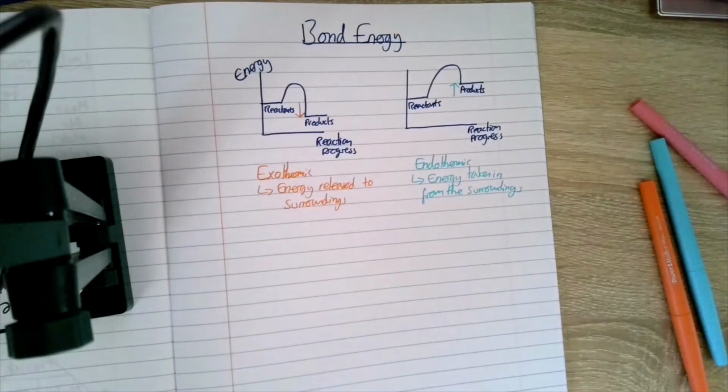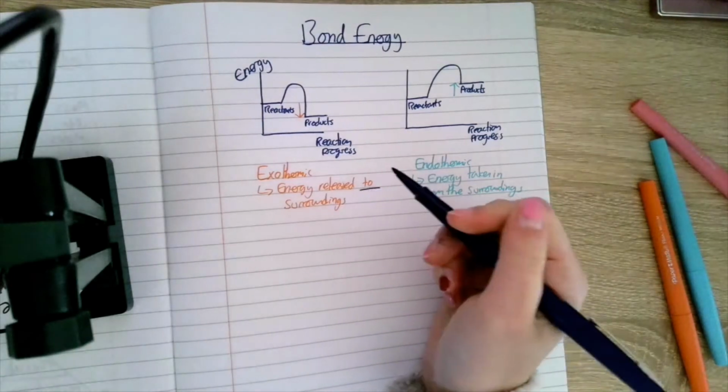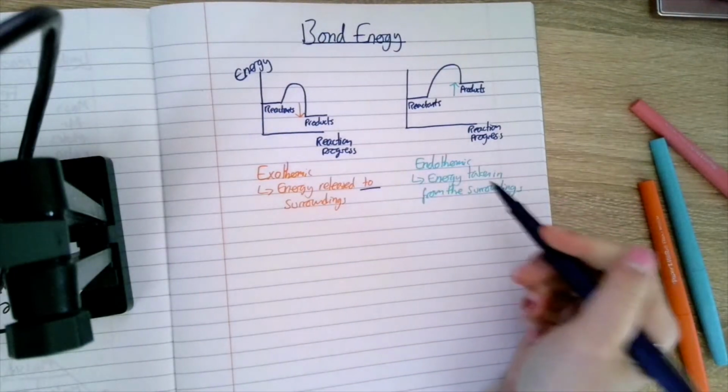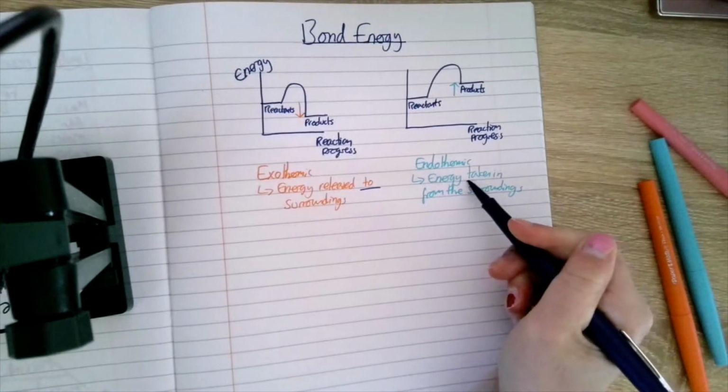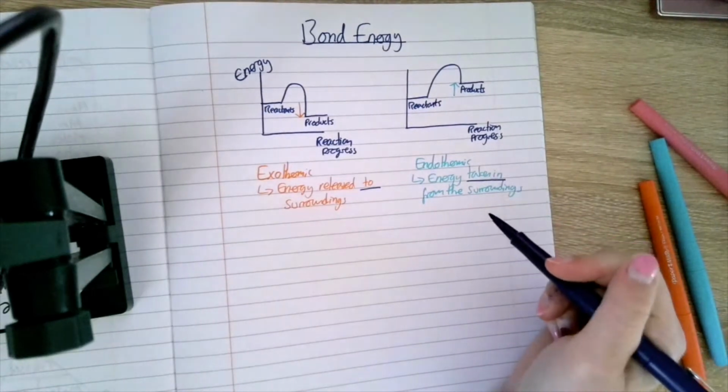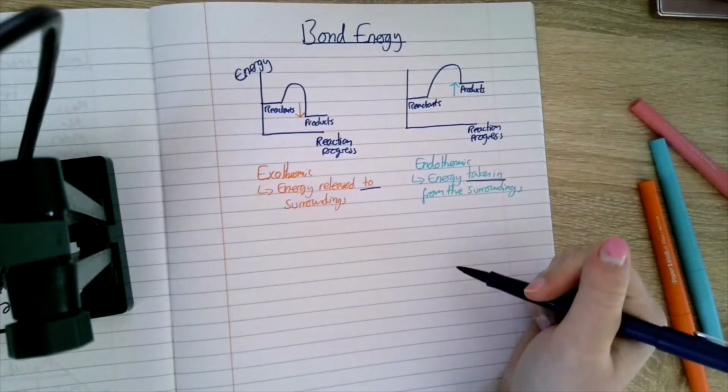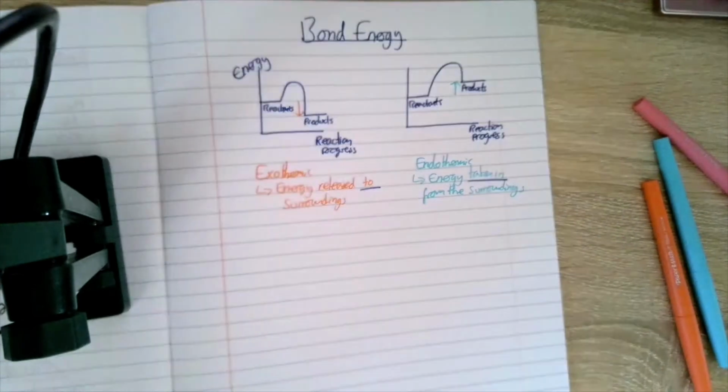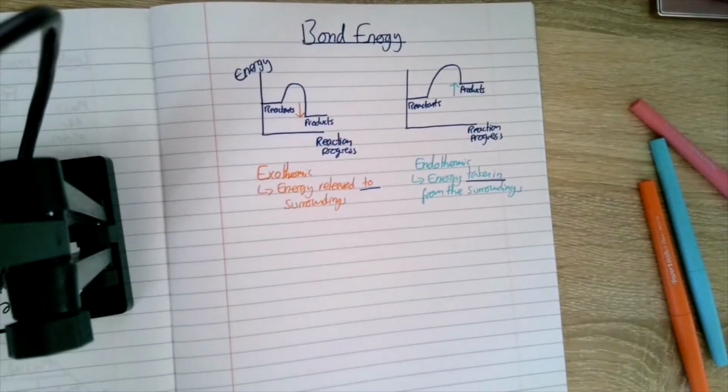Okay, so we looked at how our exothermic reactions release energy to the surroundings, causing an increase in temperature, whereas our endothermic reactions, we are taking in energy from the surroundings and therefore causing a decrease in temperature. But what we want to think about for this is where that energy is actually coming from.